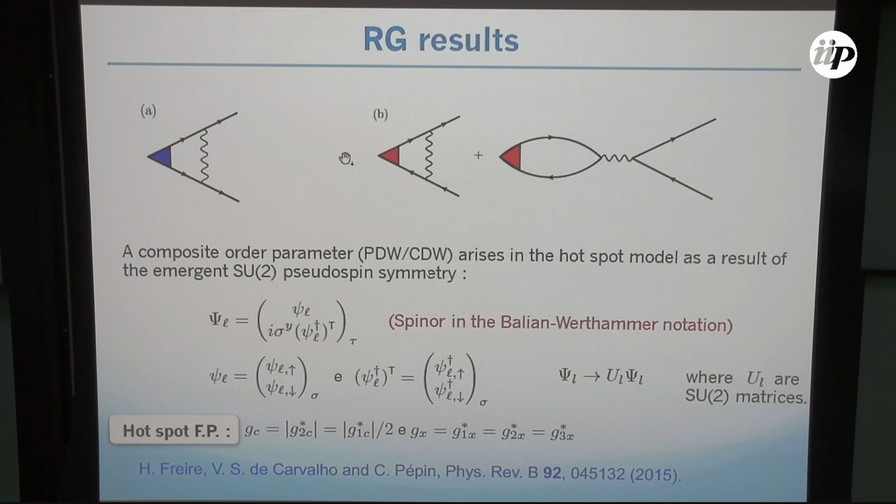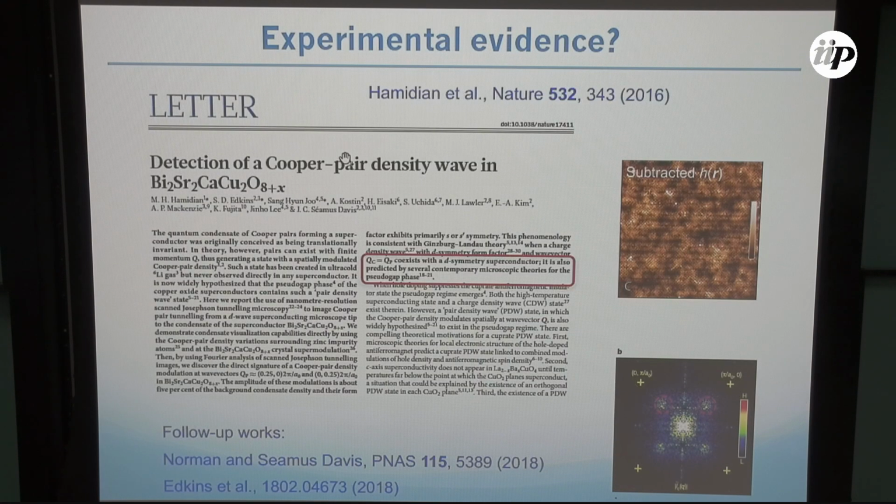But this pair density wave phase should be visible in the cuprates. And I'll flash here an experimental evidence that this is indeed the case. So the group of Seamus Davis published this paper in 2016, where they managed to map out the Cooper pair density. Here are the data.